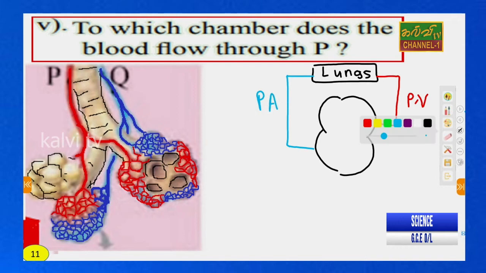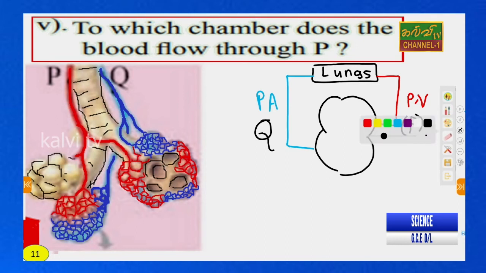According to this question we have to find out the letters. This is Q, this is P.